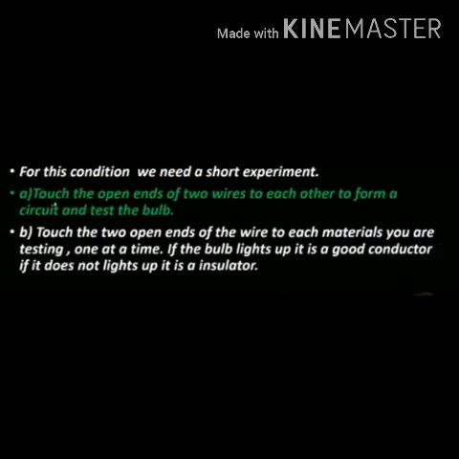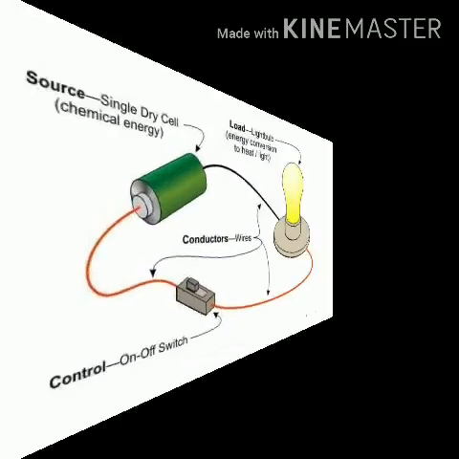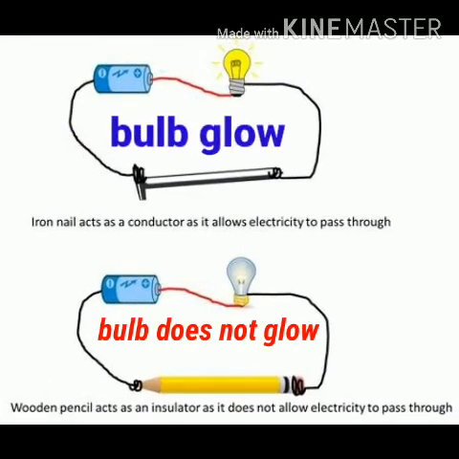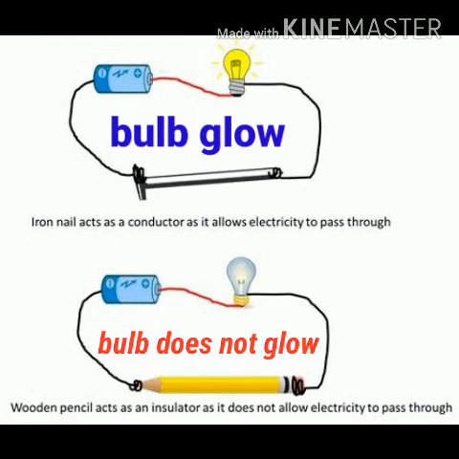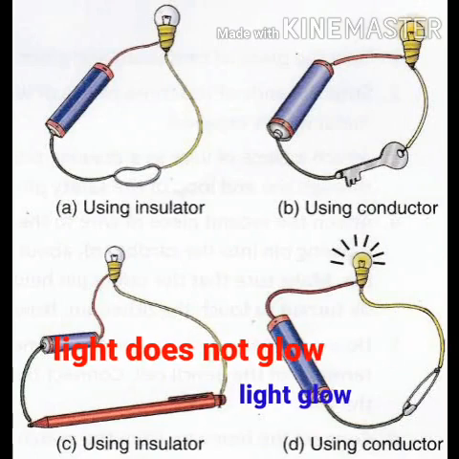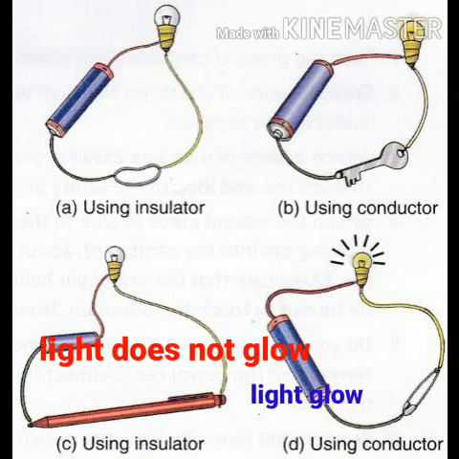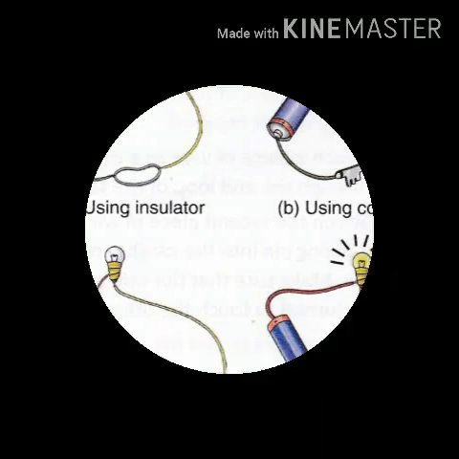Touch the two open ends of the wire to each material you are testing, one at a time. If the bulb lights up, then it is a good conductor. If the bulb does not light up, then it is an insulator. As you can see in the following example, rubber and pen are insulators, key and pin are conductors.